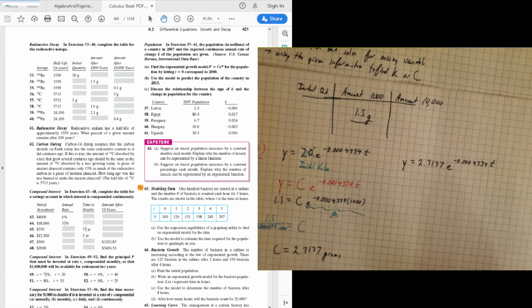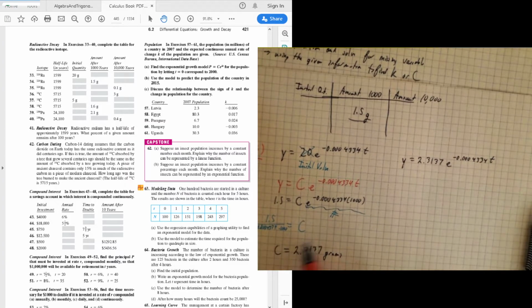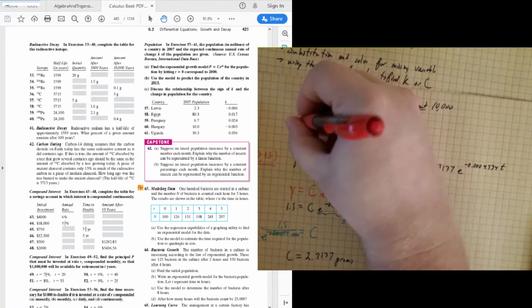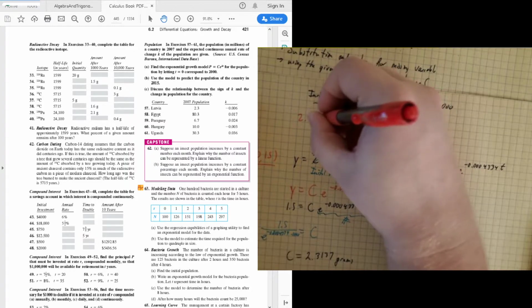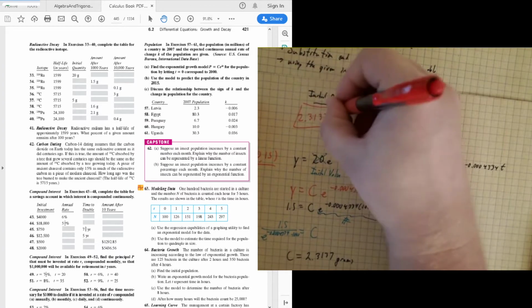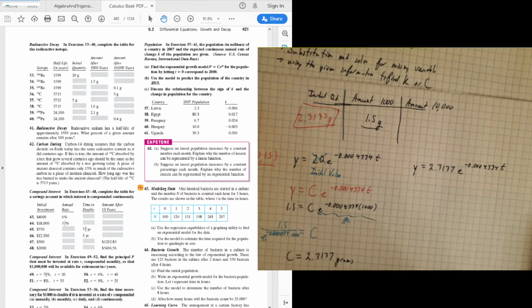Now let's fill in some gaps here. My initial value, 2.3137 grams. Okay, I had to find that, and we did it algebraically.